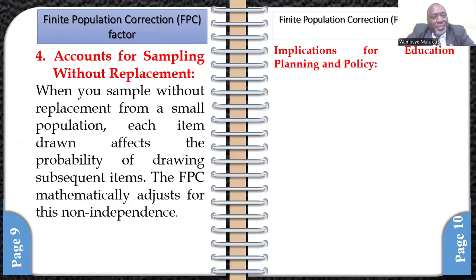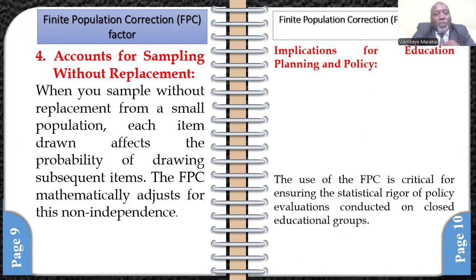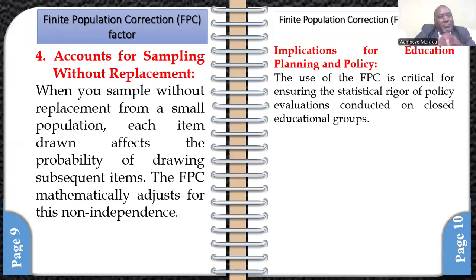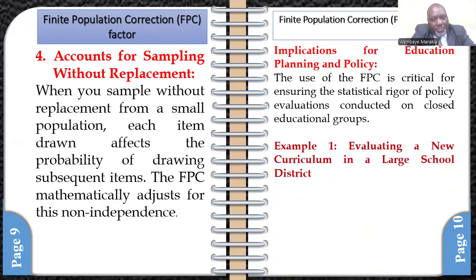And how does it affect their work? I'm going to give several examples in this lesson so that we can see how planners and policymakers in education can use this FPC. Example number 1.